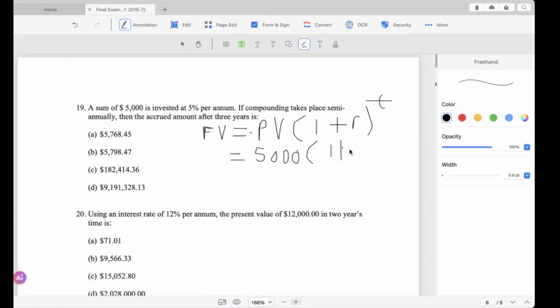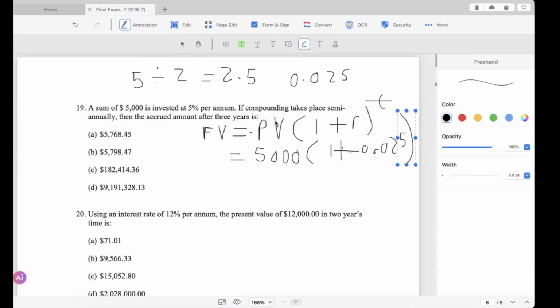please note that r, we have to do some calculation. This is 5%. But because it's compounded semi-annually, it's going to be 5% divided by 2 to give us 2.5. And then converting it to decimal, divided by 100, you have 0.025.